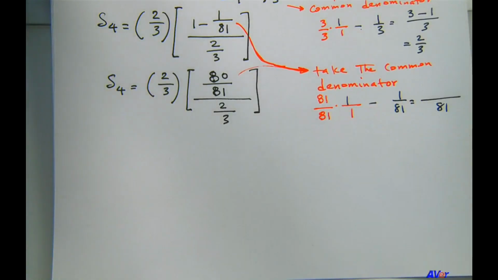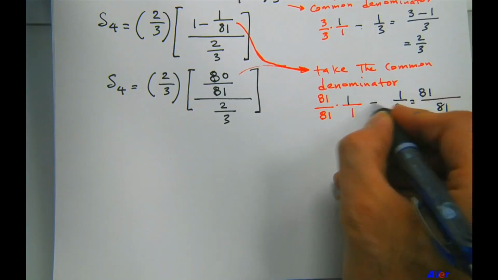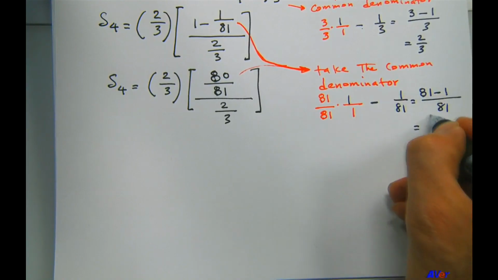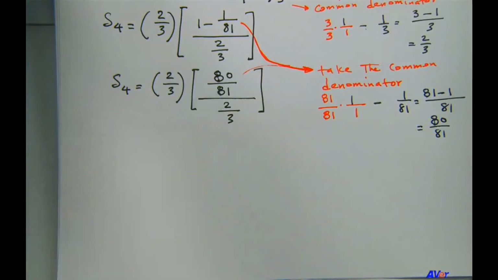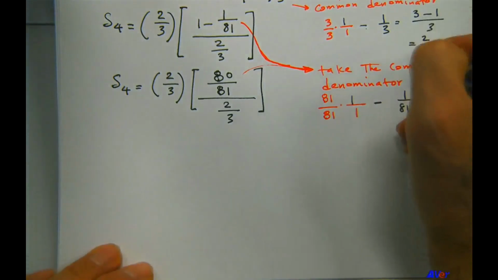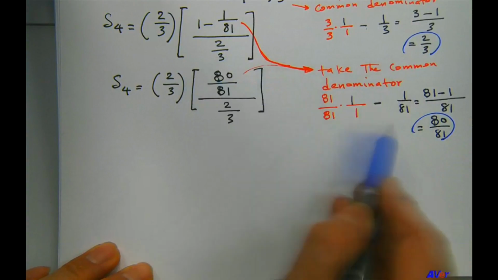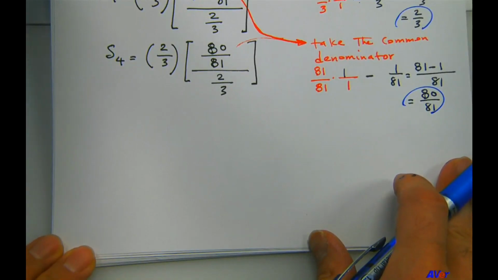So we end up with 81 times 1, which is 81, minus 1, which gives us the 80 over 81 that you see here. Okay? So that one and that one we had to do to obtain these numbers. Okay, and I will clean this up before I post it on Canvas for all of you.